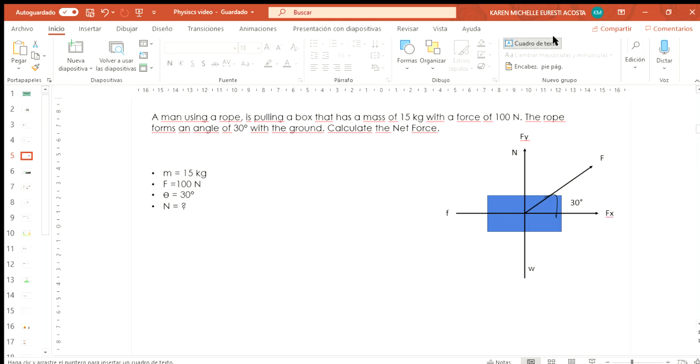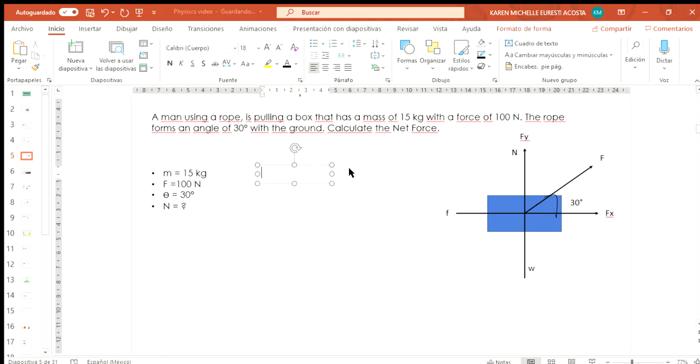So to solve this problem, we first are going to calculate the weight that is represented with a W, and the formula is mass times gravity.